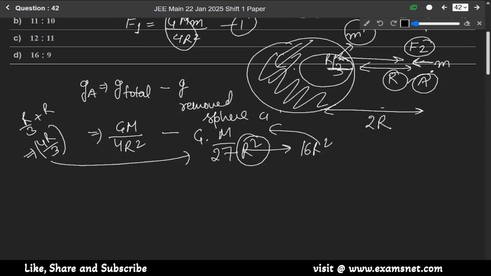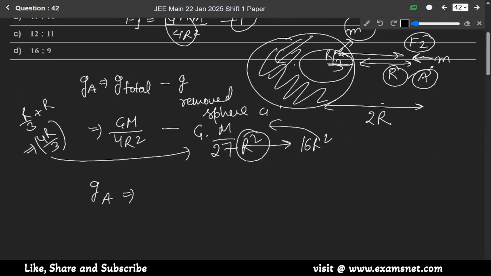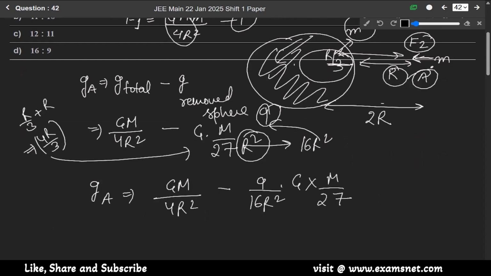So this equation will become, gravity will be, this will be GM over 4r square minus this 9 over 16, na? 9 over 16 r square into g into this m over 27.